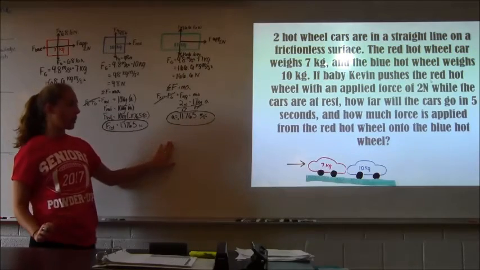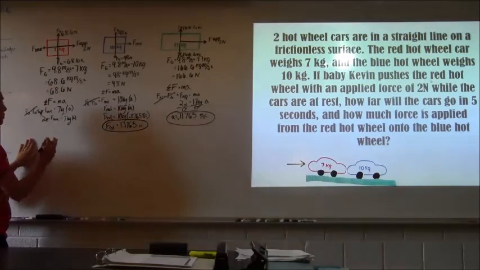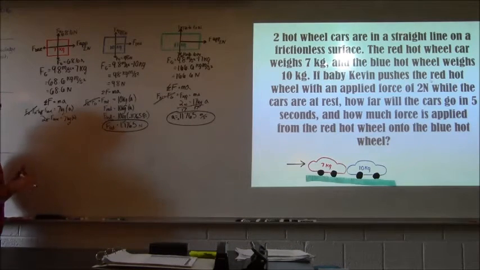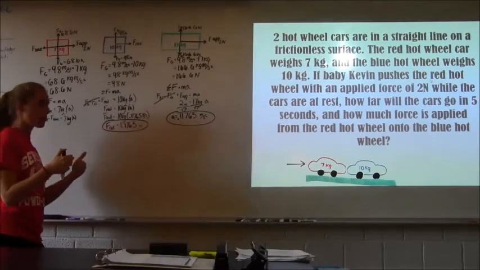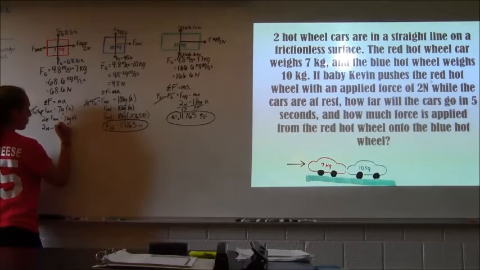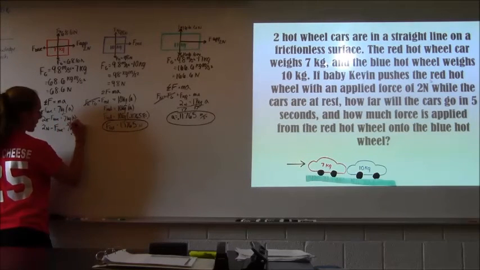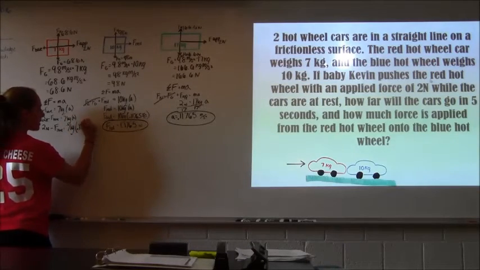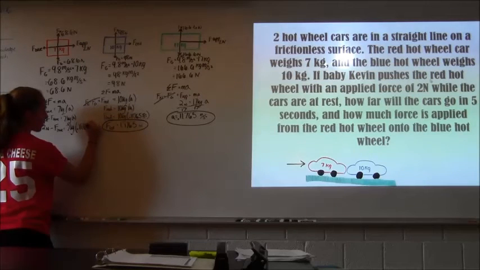This is the red Hot Wheel onto the blue, but you should notice that the red and the blue have the same amount of force pushing back on each other because they're touching. So 2 newtons minus the force of blue equals 7 kilograms times the acceleration, which is 0.11765 meters per second squared.